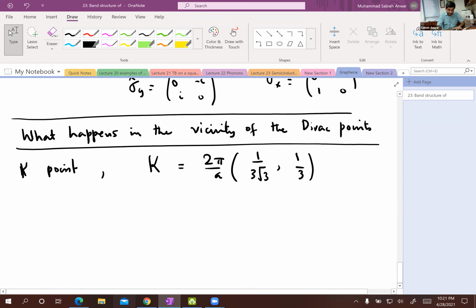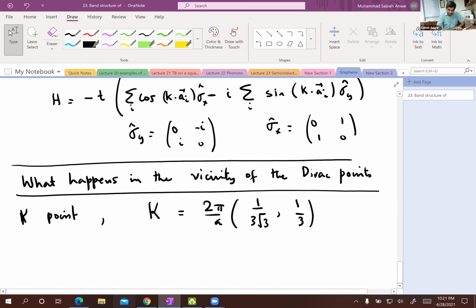So what I need to do is in the vicinity of the K point, I define a vector Q in the K space, which shows the displacement from capital K. So I'm close to the capital K point, but slightly away by a distance Q. So Q is my displacement from the Dirac point. Now I'm writing my position in the K space as this small k, and the capital K is my Dirac point.